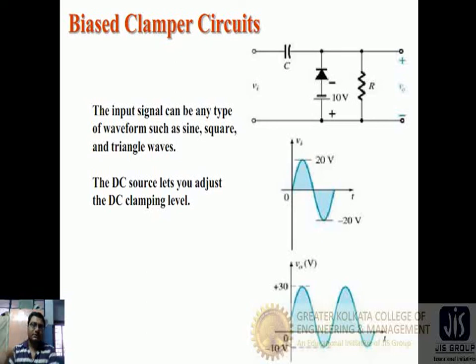Here this is a bias clamper circuit. We can find a battery over there, or a voltage source is applied. Depending on this voltage source, the level of the signal gets changed. And in this way a bias clamper circuit works.